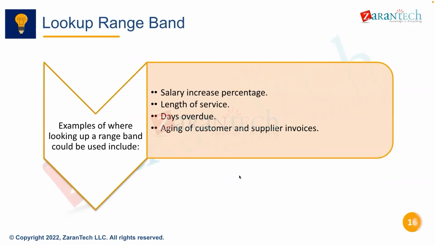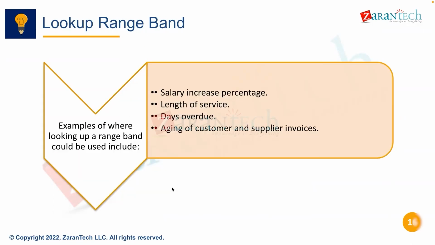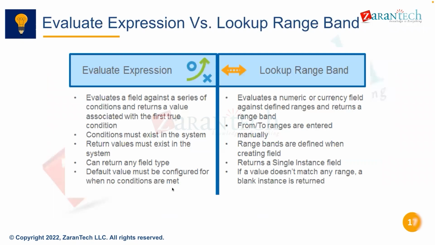The length of service: 0 to 1 years are new, 1 to 5 are medium, and anyone who has 5 years plus experience is experienced. So you can basically define it here. Customer and supply invoices as well. So who are our old customers, who are our new customers. You can define it by basically defining the from and to values. Then we'll move on to the different. Yes, please. Yeah.